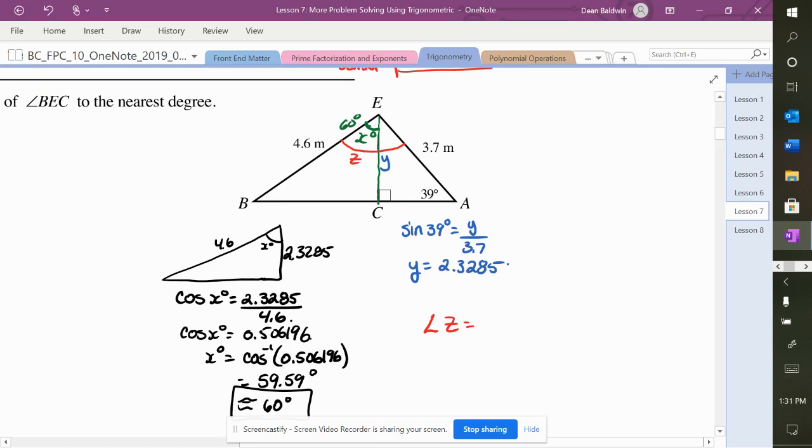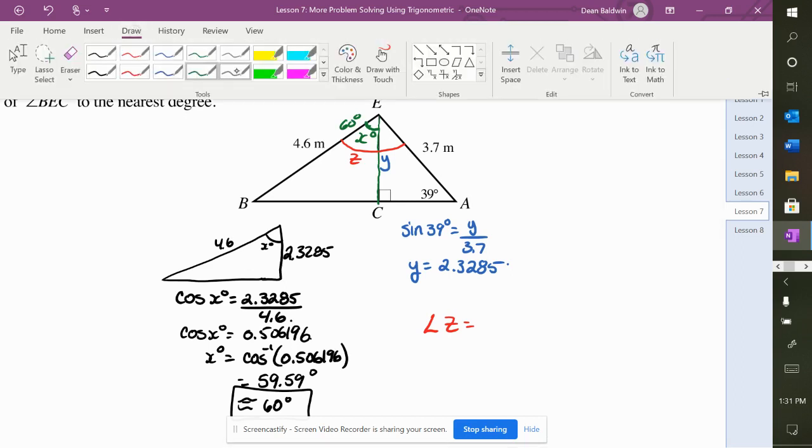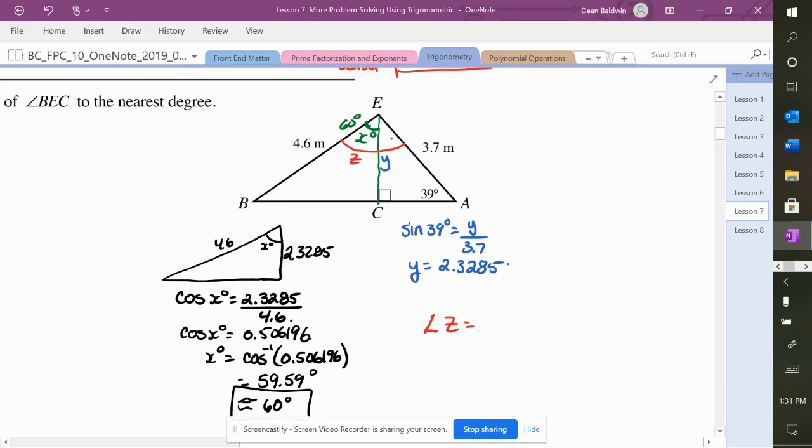How do I find this angle in here? Because what do all the angles in a triangle add to? 180. So 180 minus 90 minus 39 gives me 51 degrees in there.